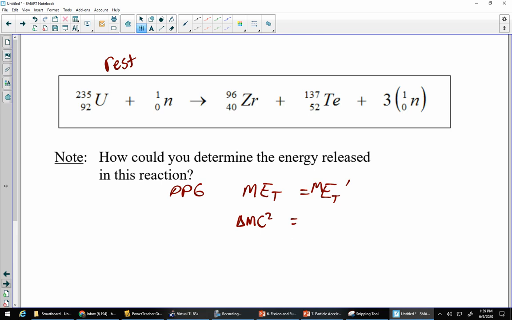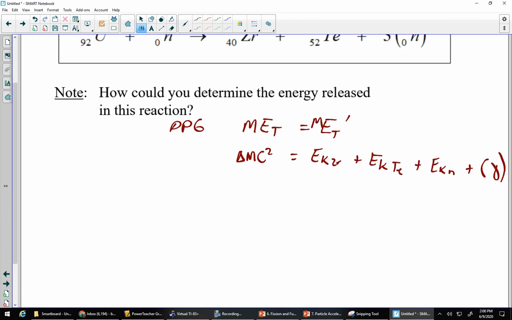And the reactants will have a slightly bigger mass than the products. That's going to be equal to the kinetic energy of the zirconium plus the kinetic energy of the tellurium plus the kinetic energy of the neutrons, just an N for neutrons, I guess. All three of them is what we should look at, plus possibly some photon energy.